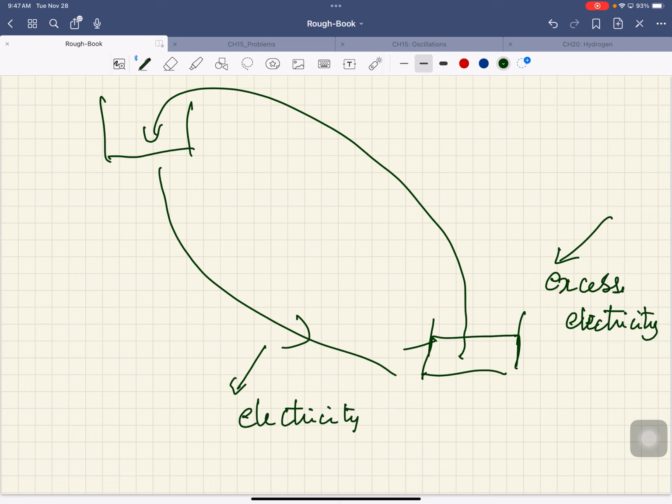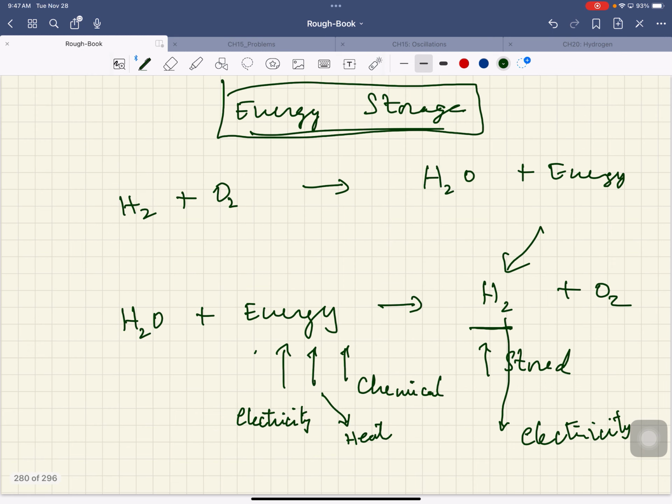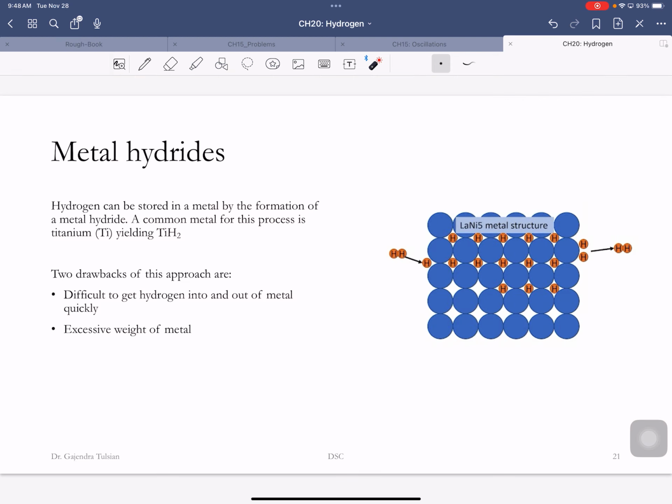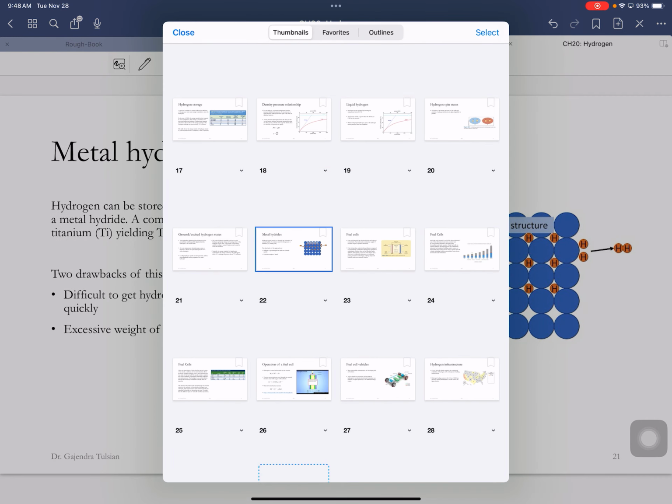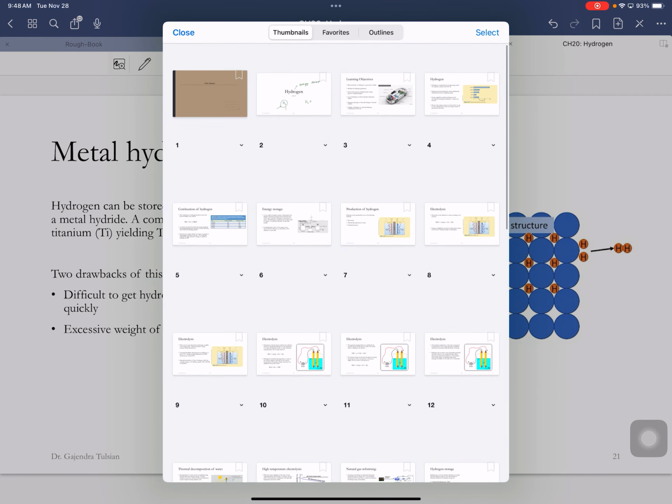So now that you've learned that you can use water, take excess electricity, and produce hydrogen, you've stored energy there. And then you can use the hydrogen to produce electricity back. So hydrogen is a great mechanism for storing energy. Here's a future zero carbon footprint scenario.